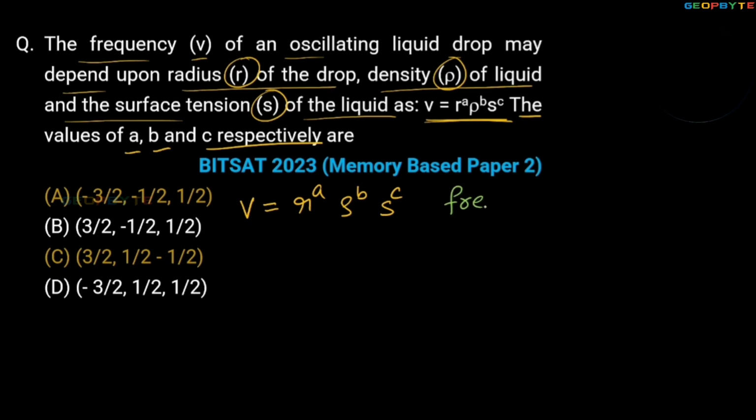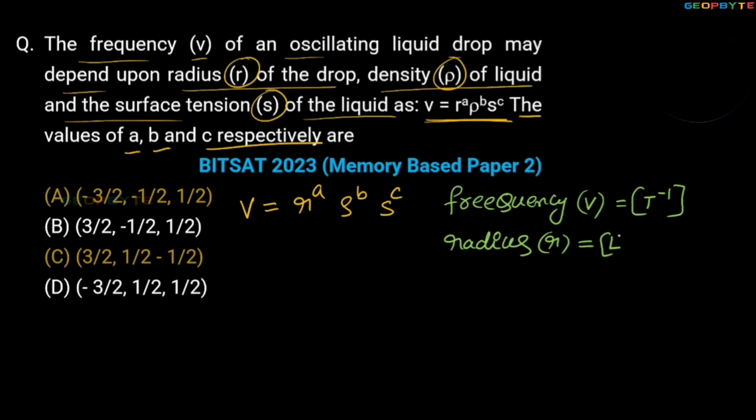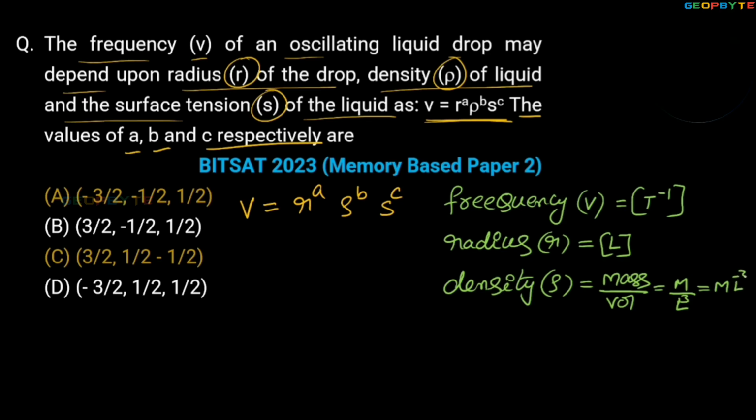As you know, the frequency v has dimensional formula 1 by time period, T^-1. The radius r has dimensional formula L. Next, density rho equals mass by volume, which is M by L^3, that is M L^-3. That's the dimensional formula for density.